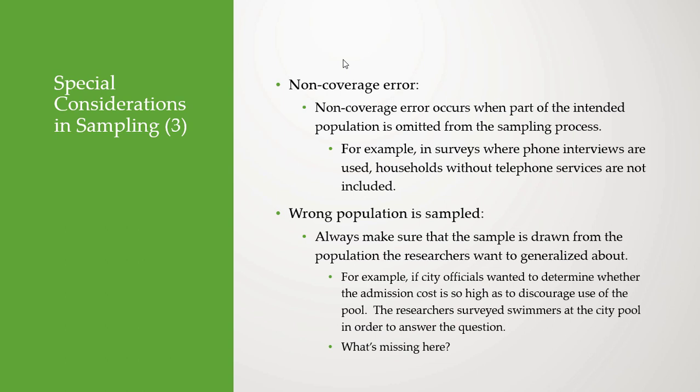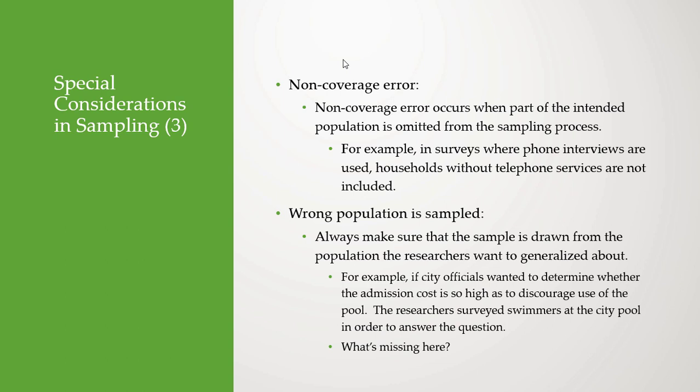One common mistake is that some sections of the population are overlooked in the sampling process. For instance, if an online survey was distributed to high school students about home internet availability during the pandemic, those without internet access could be left out. A second common mistake is that a wrong population is sampled.